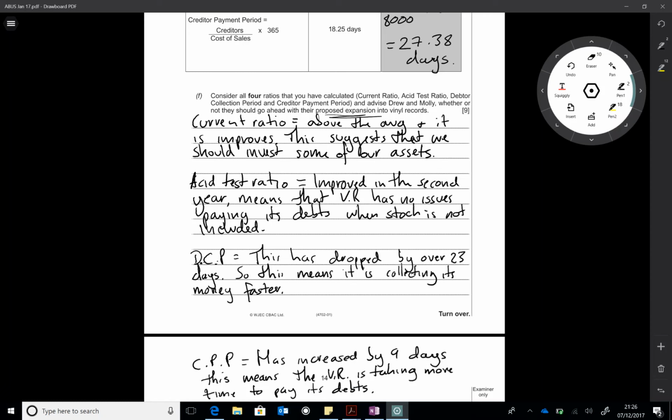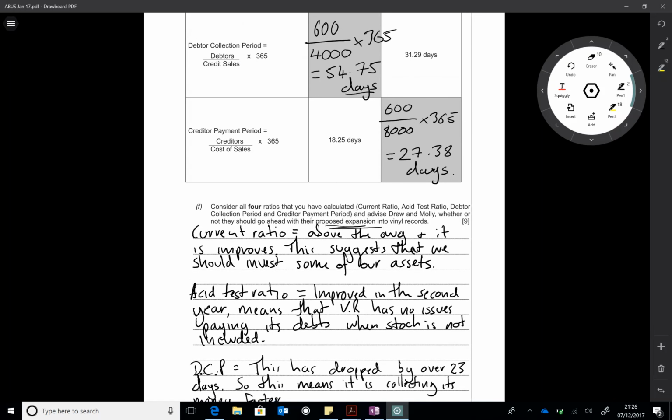So instead of having 18.25 days to pay for different items, it's now got 27.38 days. And if you look at those two figures, they are almost matching, which gives it a massive help when trying to balance its books.